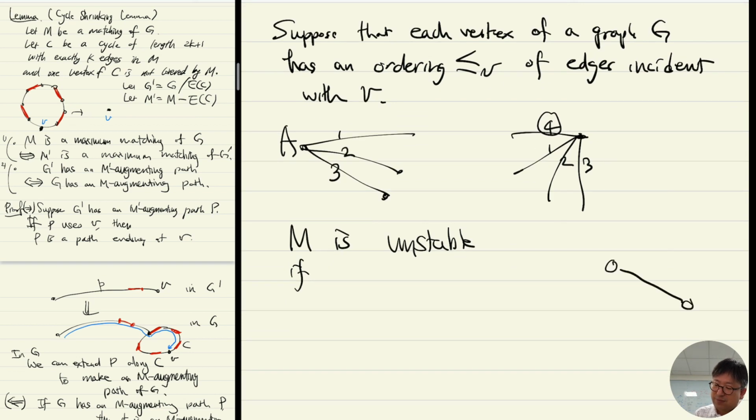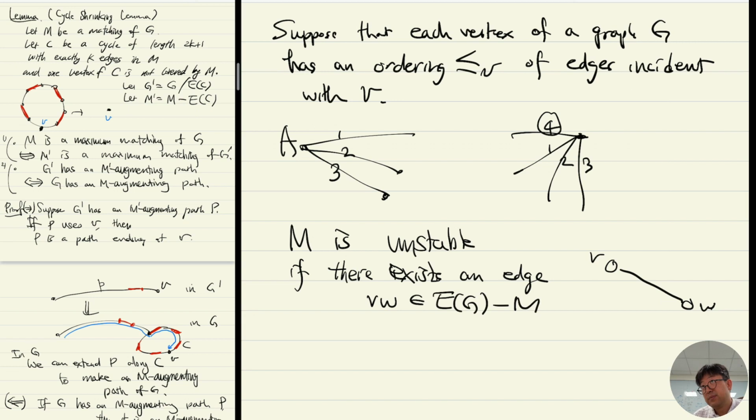Well, if there's a pair v and w, which are adjacent, if there exists an edge vw in graph G minus M, such that both of them are happier than the current partner.